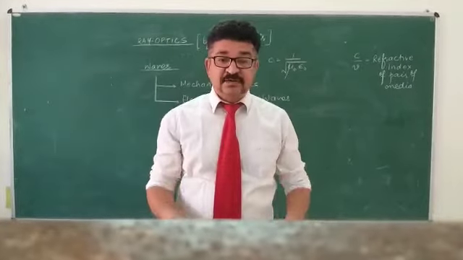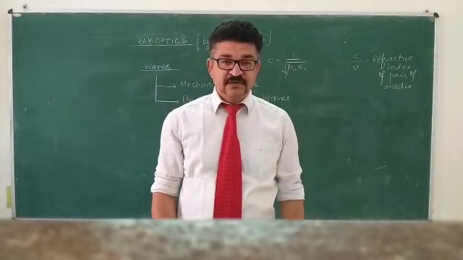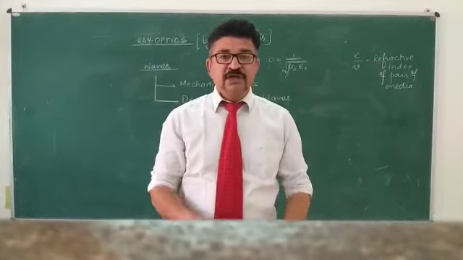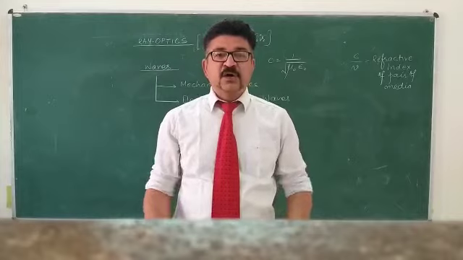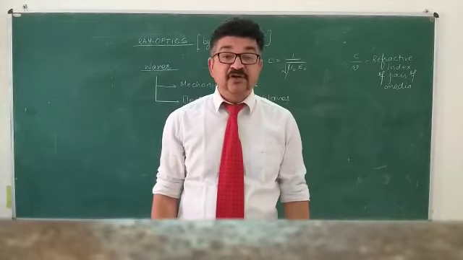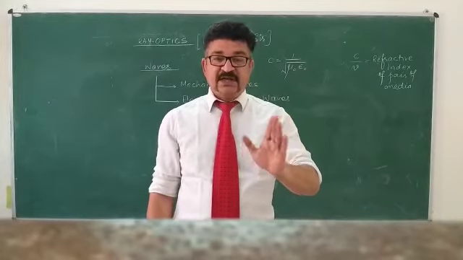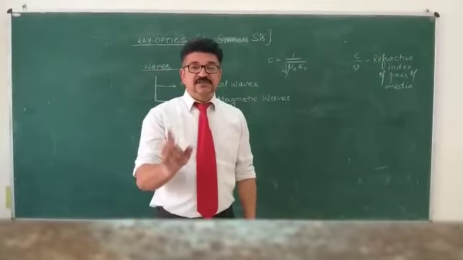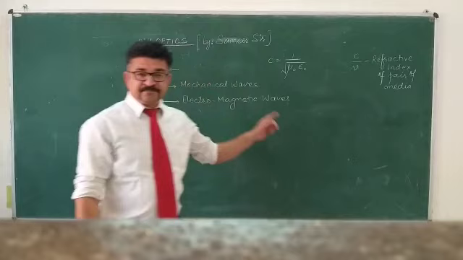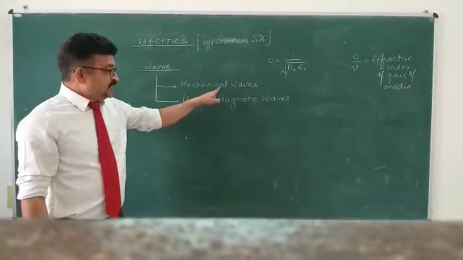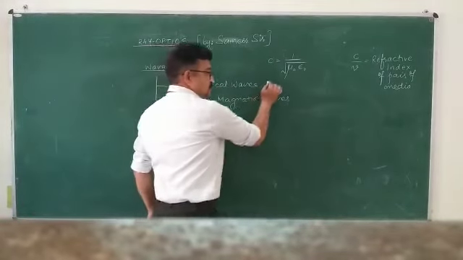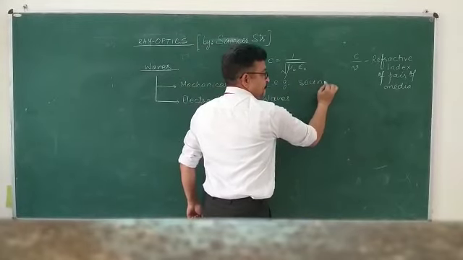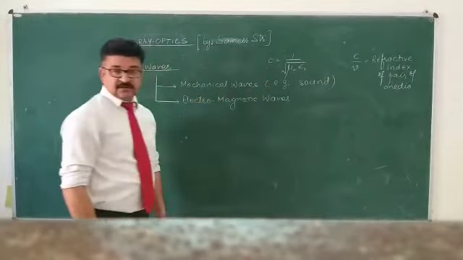If the medium is not present, these waves can't move. If you're talking about sound, sound needs some material medium for its propagation. If there is vacuum between you and me, of course, sound can't move. Mechanical waves are those which cannot move without a medium.